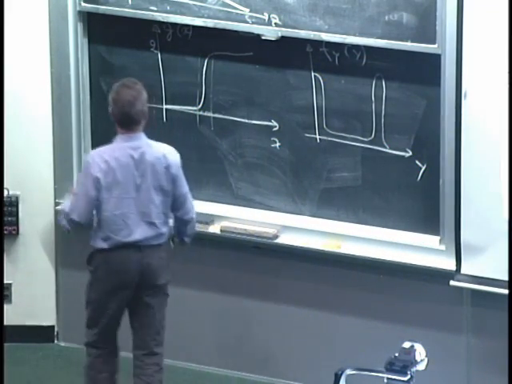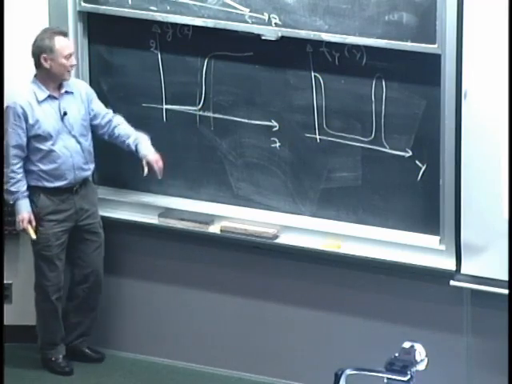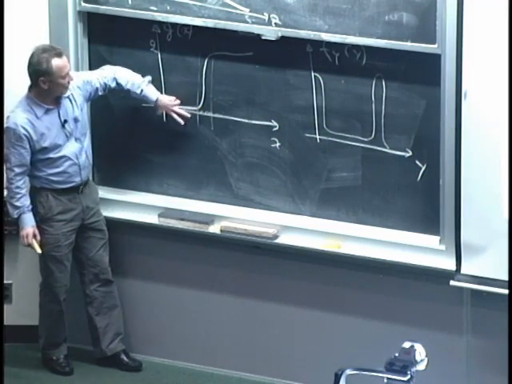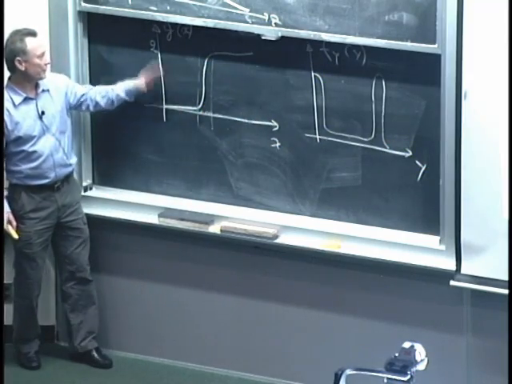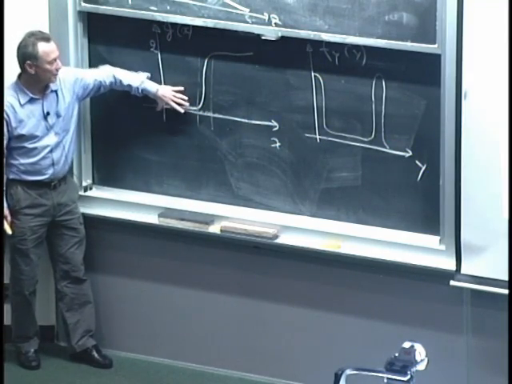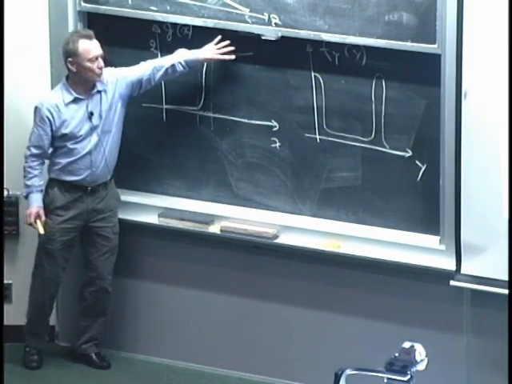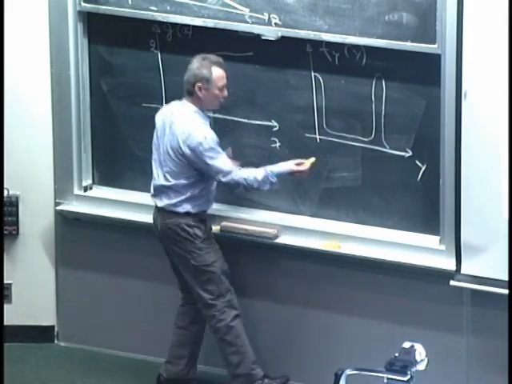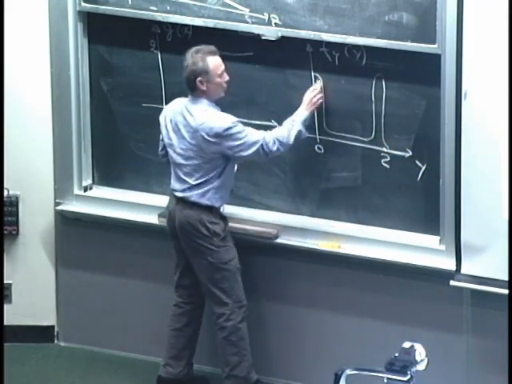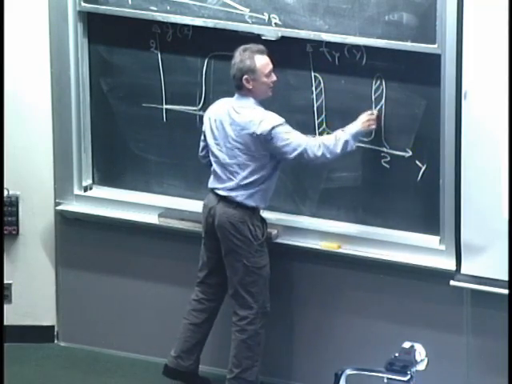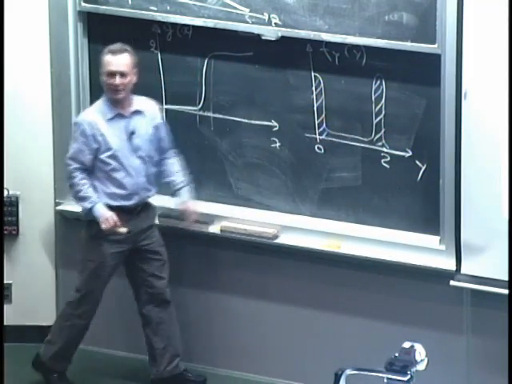By looking at this picture, you can tell that it's most likely that either x will fall here or x will fall there. So the g of x is most likely to be close to 0 or close to 2. So since y is most likely to be close to 0 or close to 2, most of the probability of y is here, and there's a small probability of being in between.